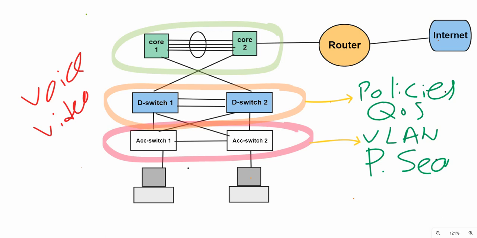You want to give preference to voice over data, because if you don't give voice the preference, then when a user is trying to make a call to another business or something like that, it's going to have very poor connection, and he's not going to be able to communicate with the other person that is located in another network or in another country or whatever.